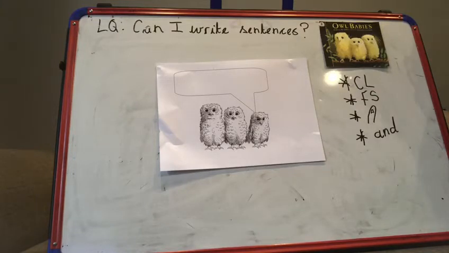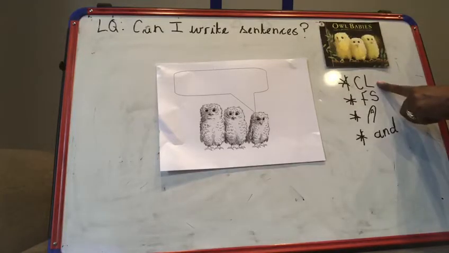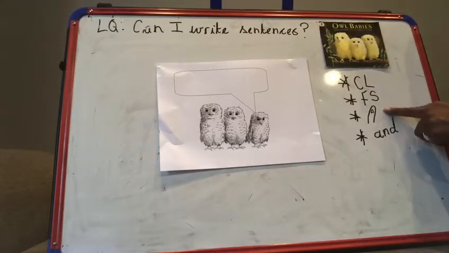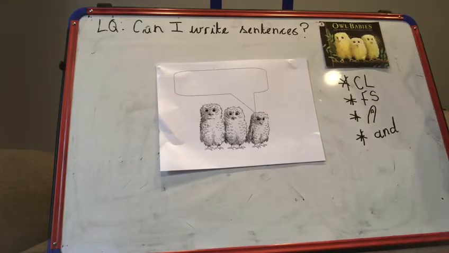Today we're going to focus on sentence construction with a grammar focus of capital letters and full stops, finger spaces and using the conjunction. So this poor little baby owl, what do you think that he might say to his older brother or sister? Imagine your mummy had left your house for a little while.